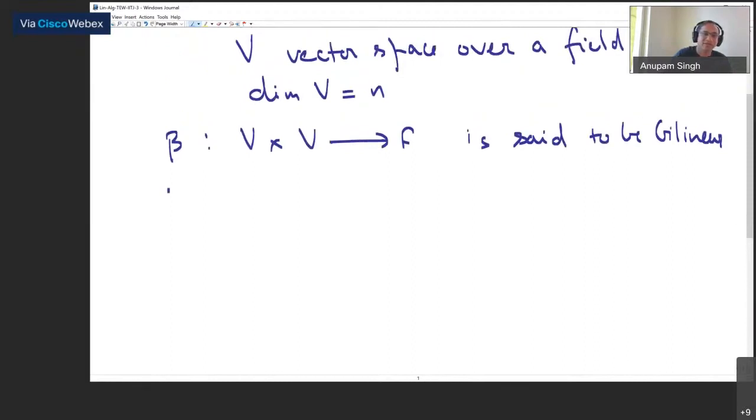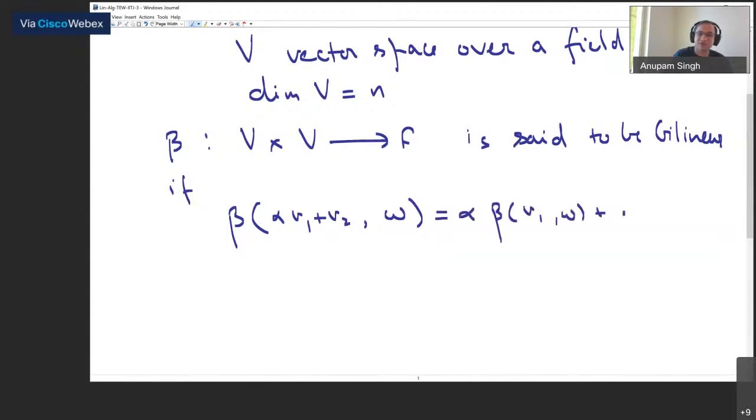It is said to be bilinear if beta of alpha v1 plus v2 comma w is alpha times beta of v1 comma w plus beta of v2 comma w.